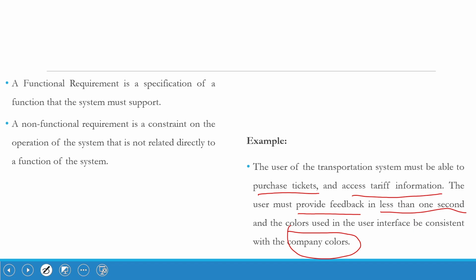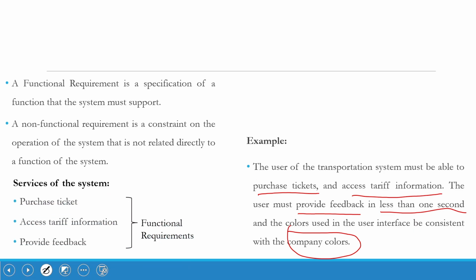Yeah. So let's extract the functional and the non-functional requirements. First, let's determine what the services of the system are. So the services of the system, according to this narrative, will be what? One, the user must be able to purchase a ticket, so that is a function: purchasing a ticket.